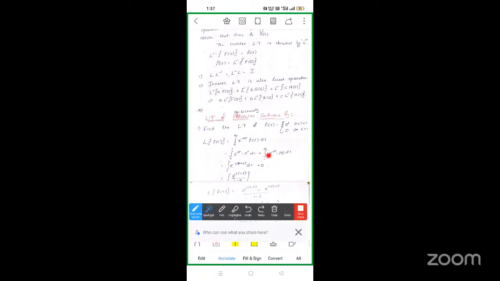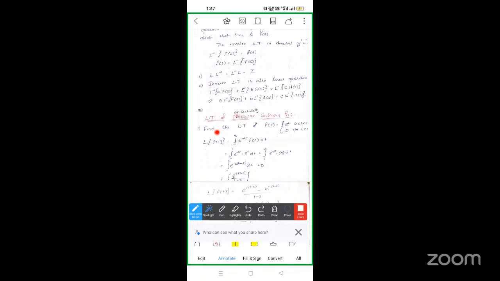Next, the Laplace transform and inverse Laplace transform of a piecewise continuous function, or sectionally continuous function. Is that clear? First, example one on the sectionally continuous function.